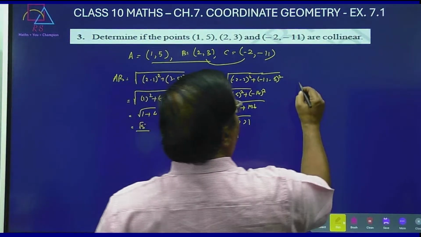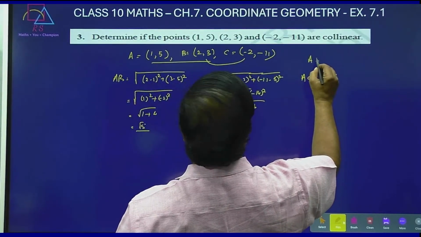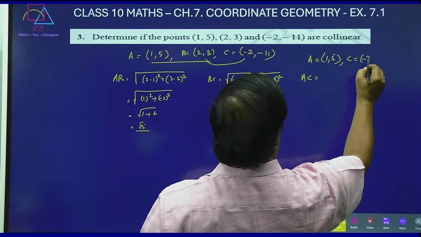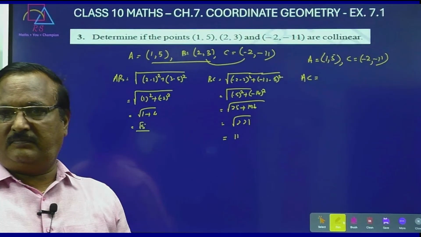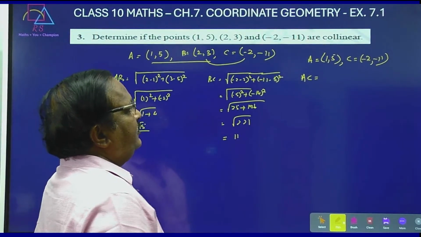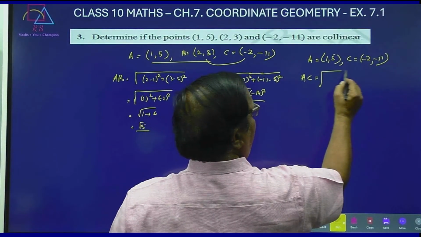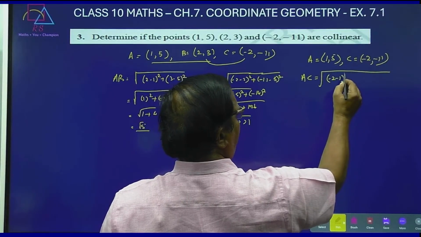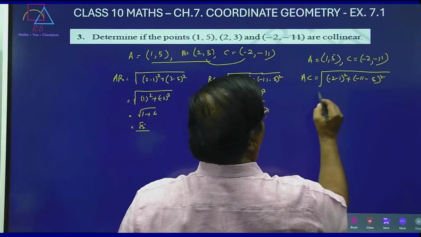Now let us find out AC also. Let me write here, A is equal to (1, 5) and C is equal to (-2, -11). Okay. So now you have to apply the distance formula, x2 minus x1, (-2 - 1) whole square, (-11 - 5) whole square.